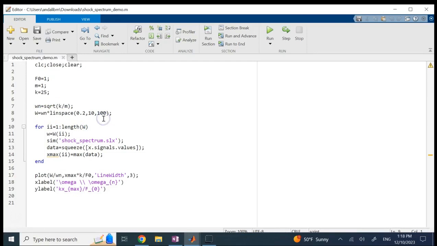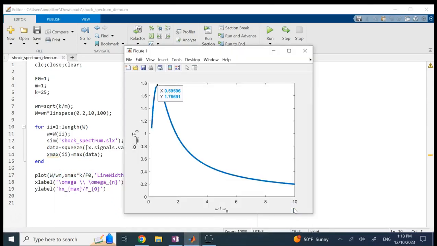So I'm going to run my Simulink file, in this case 100 times. Each time I grab one of the frequencies in this big W and call it a small w, which is my omega really, the omega of the sine wave. Using that, I run my Simulink file, I get the data out of it, x, and record the maximum of it in this vector x max, so later I can plot x max times k over f naught versus omega over omega n. And that is this plot here.